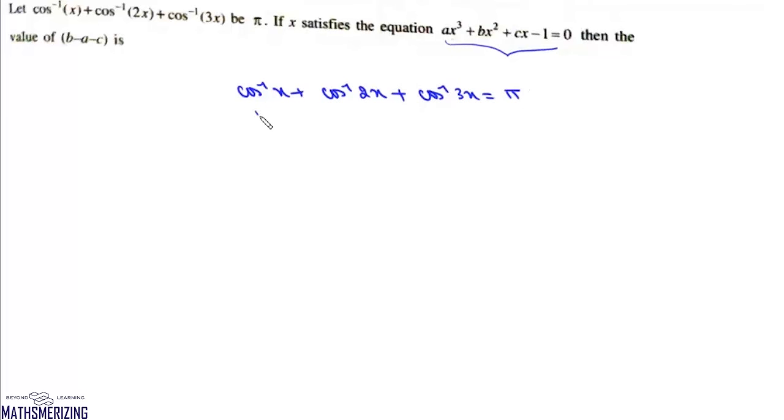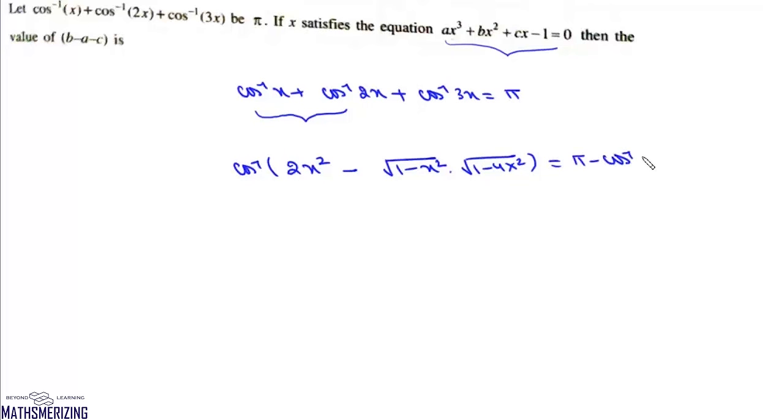Now we'll use the formula for cos inverse x plus cos inverse y. So it'll be cos inverse of 2x square minus under root of 1 minus x square into under root of 1 minus 4x square, and on the right hand side we'll write pi minus cos inverse 3x, which is nothing but cos inverse minus 3x.